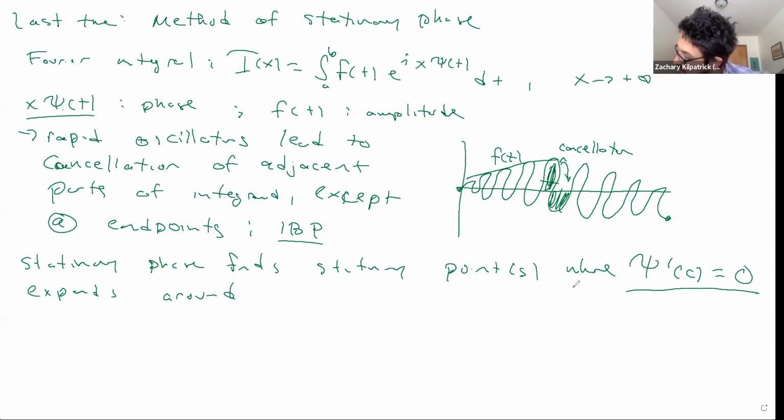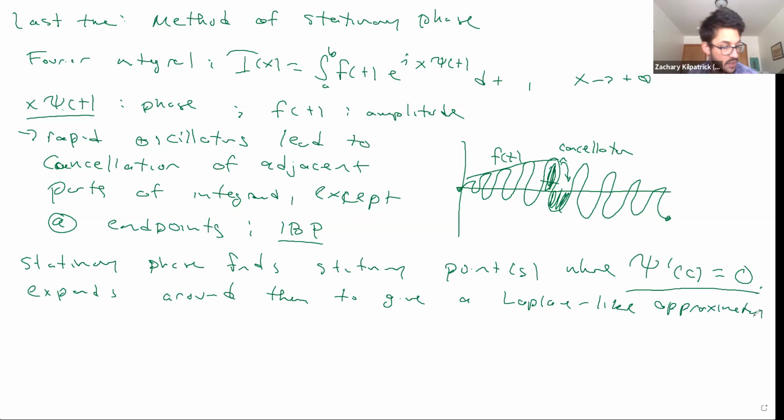stationary phase finds stationary points and then expands around them, to give a Laplace-like approximation. Okay, so in that case, you end up with something like this.